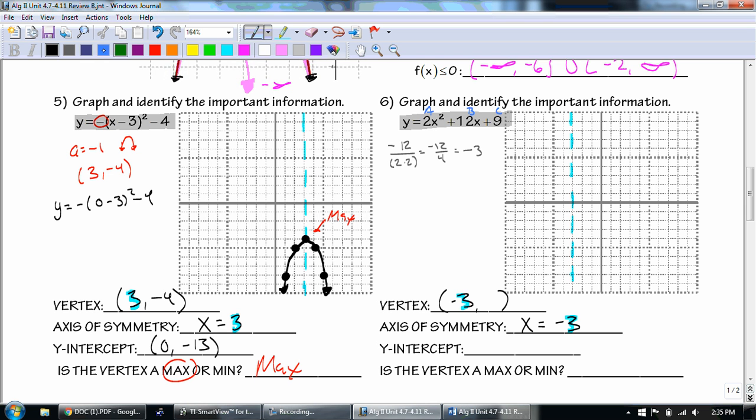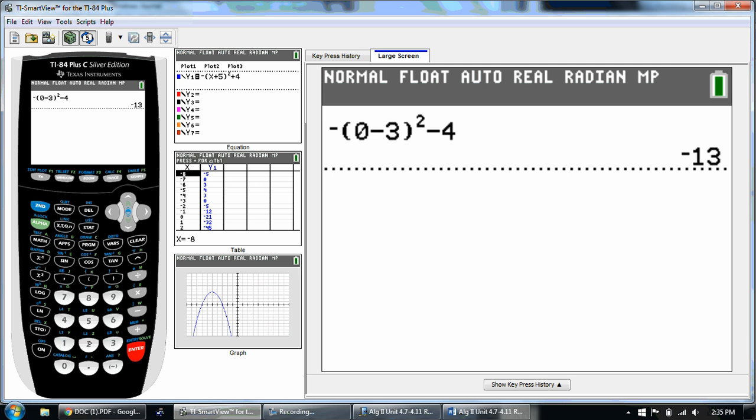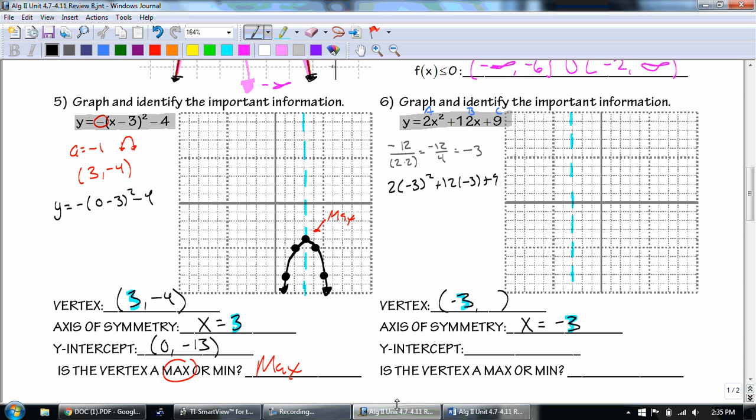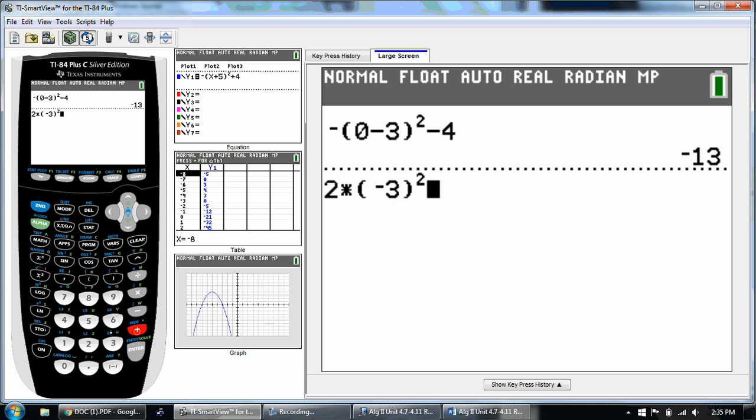Now, to figure out the y value, we would just plug in negative 3. So 2 times negative 3 squared plus 12 times negative 3 plus 9. Okay, so 2 times negative 3 squared, what's the rest of it? Plus 12 times negative 3, and then plus 9.